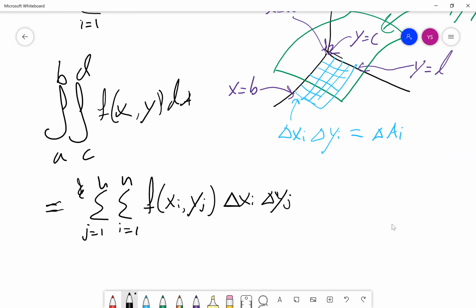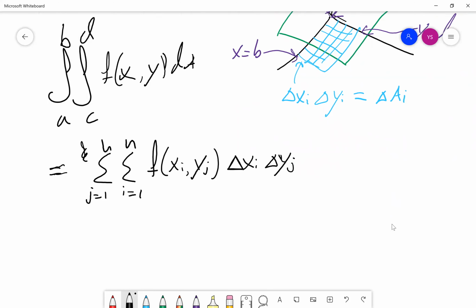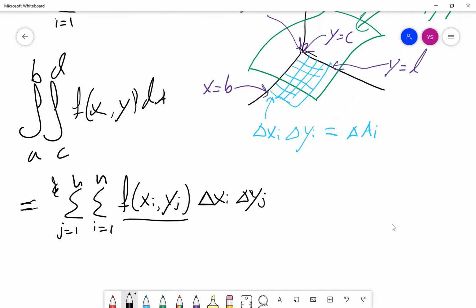Very similar. Again, it's not necessary that we know exactly how these sums work, but have some intuition that we're breaking up this domain into small pieces, and we're summing over every small piece, the area of that piece times the height of our function. And so that gives us the area below our surface.